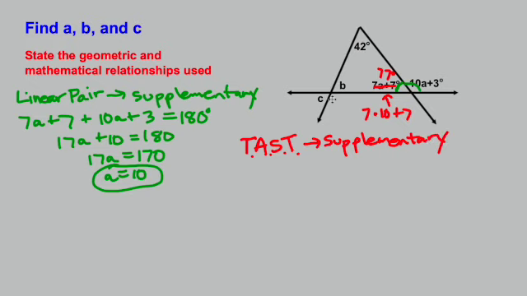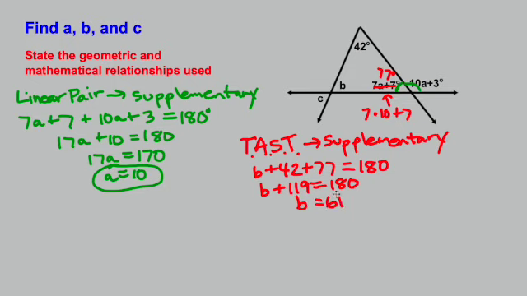So I can say that B plus 42 plus 77 would equal 180 degrees. 42 plus 77, if we add those together, we get 119. So B plus 119 would equal 180. And then finally, if we subtract 119 from both sides, 180 minus 119 is 61. So B would equal 61.